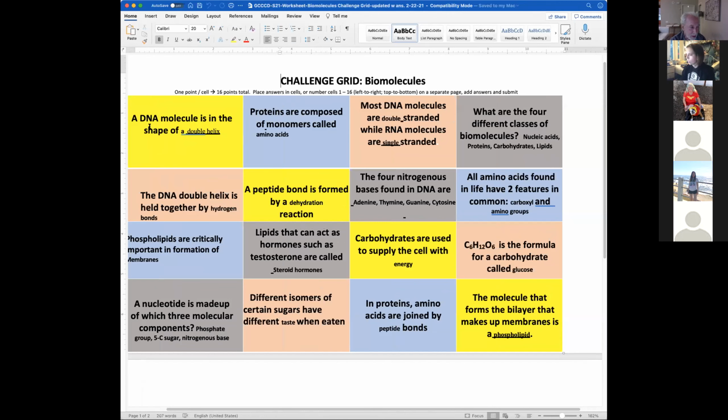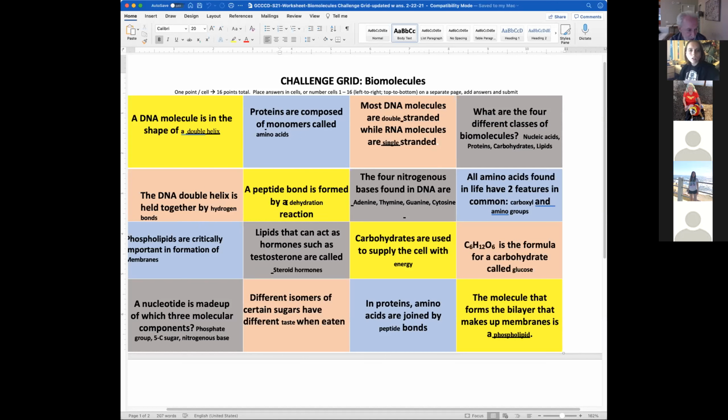A DNA molecule is in the shape of a double helix. Proteins are composed of monomers called amino acids. Most DNA molecules are double-stranded, RNA single-stranded. The 4 classes are nucleic acids, proteins, carbohydrates, and lipids. The DNA double helix is held together by hydrogen bonds.